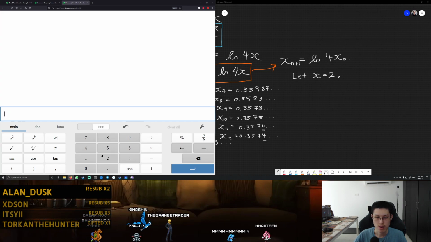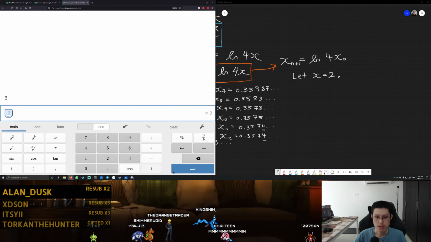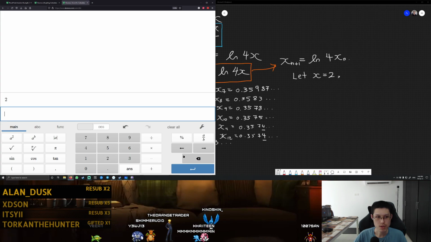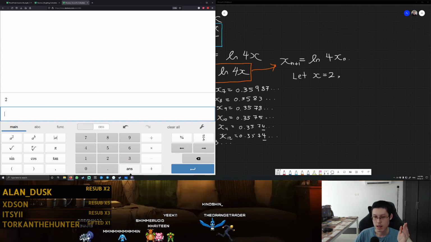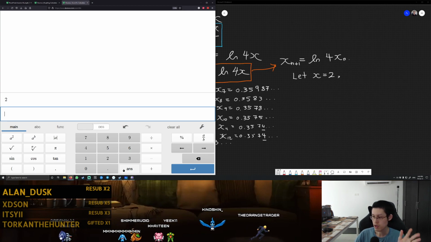Oh, hang on. Press 2, press equal. Okay. So press answer, that's going to give me 2. Good. So if you want to start with 2, you press 2, press equal, so that it is saved under the answer key on your calculator.